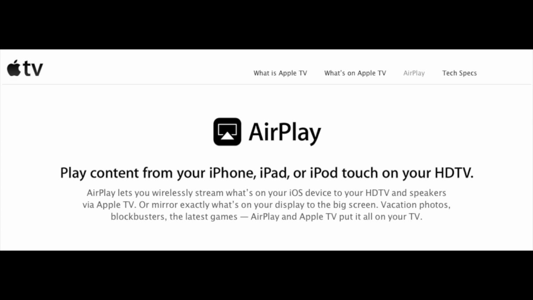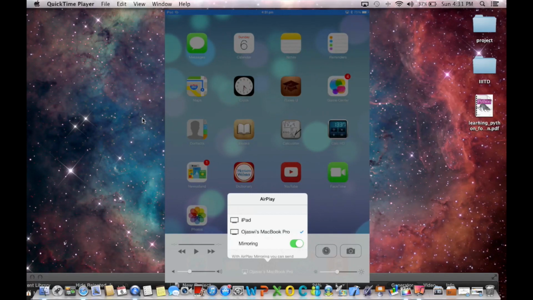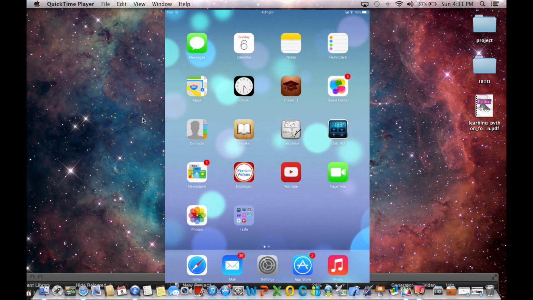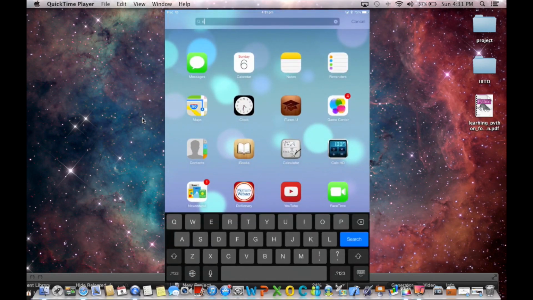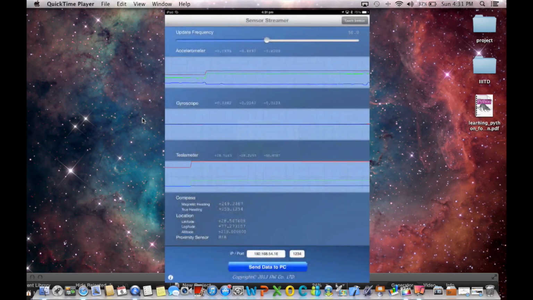But we instead used an application, Reflector, which mirrors the iPad screen onto the laptop using the same function AirPlay. We then screen captured the laptop, which was now showing the iPad screen.